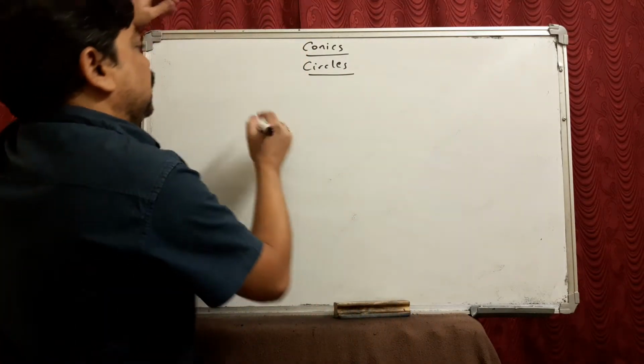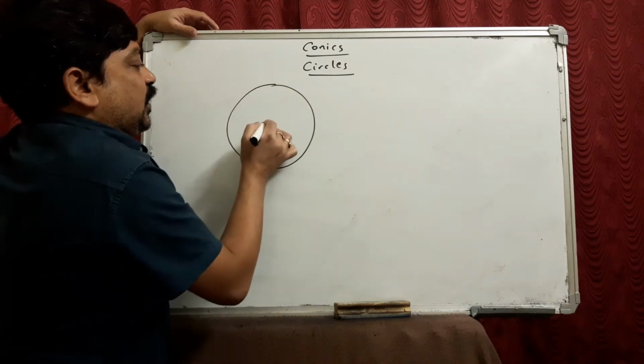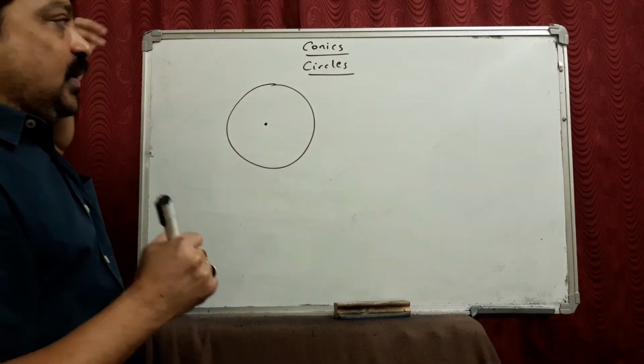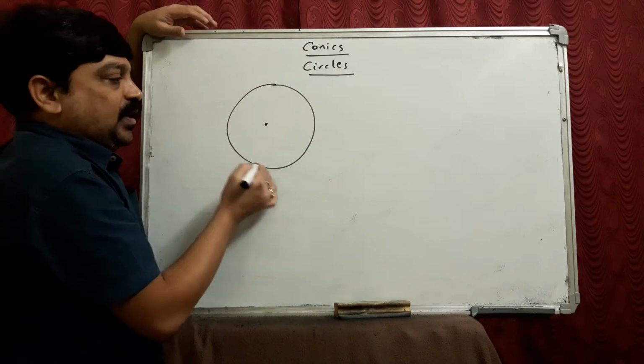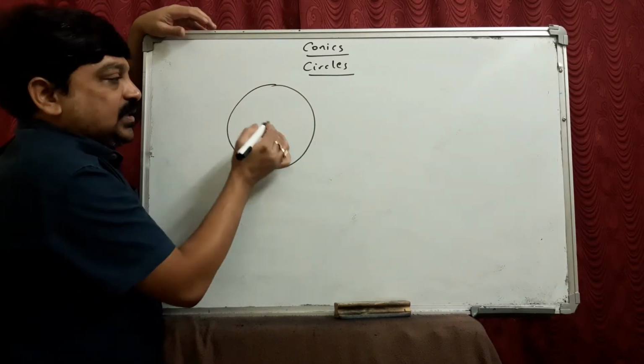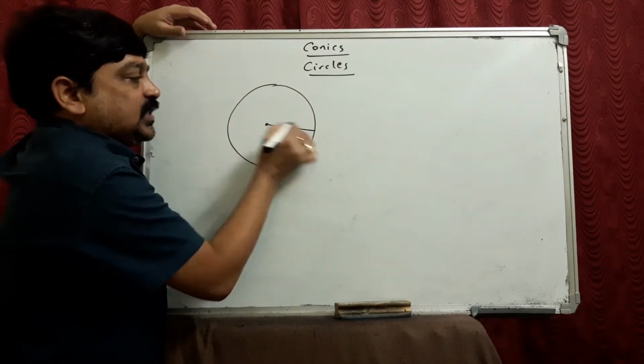Okay. See, the main concept of the circle is that it is the locus of any point that maintains a constant distance from a fixed point.